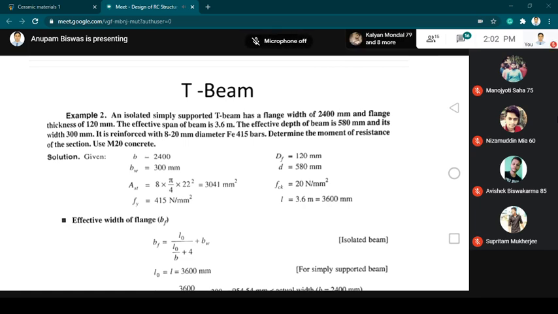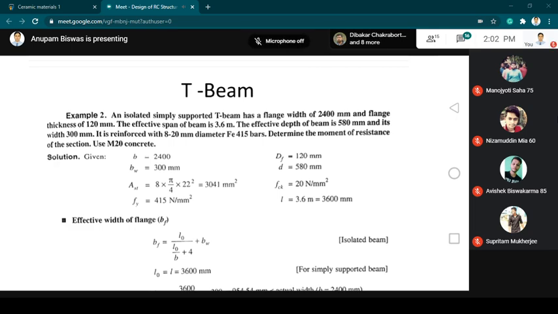From that case, we will consider equation 3, where DF by XU is less than 3/7, that is 0.43 XU.